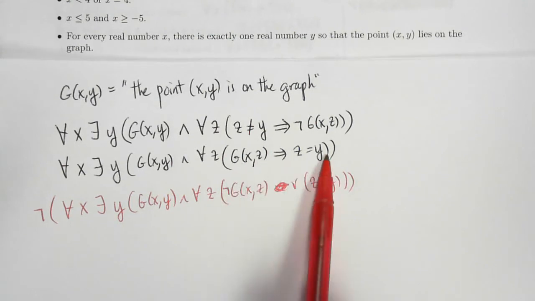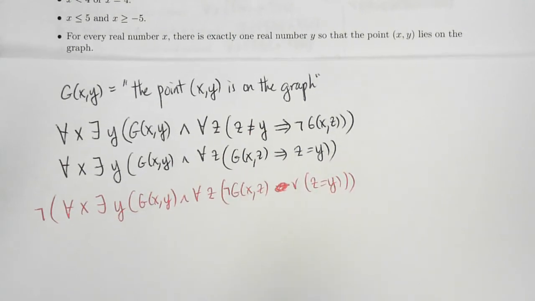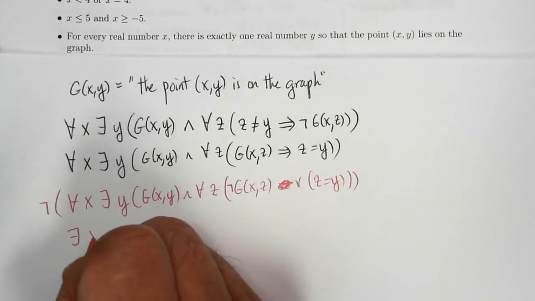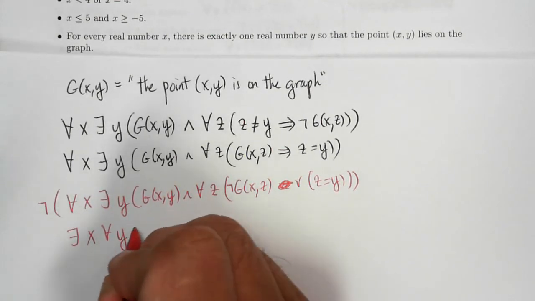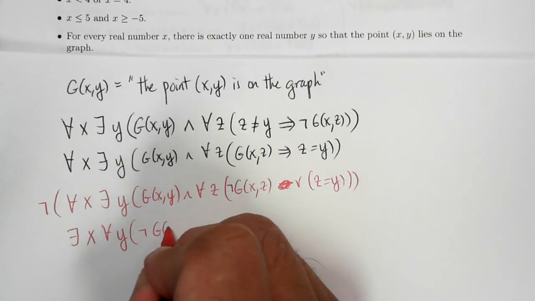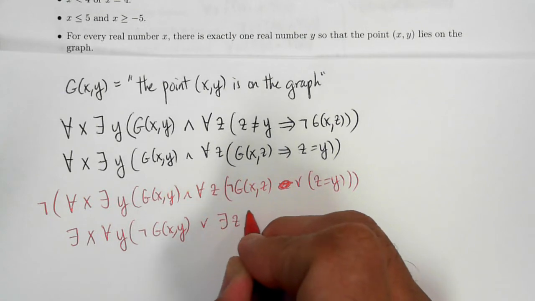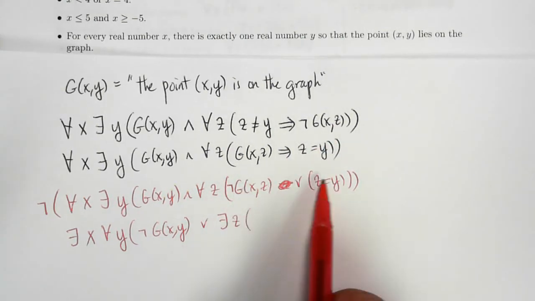If P implies Q, that is the same as not P or Q. Then taking the negation, we get there exists an x such that for every value of y, not g of x, y, or there exists a z such that the negation of this holds.